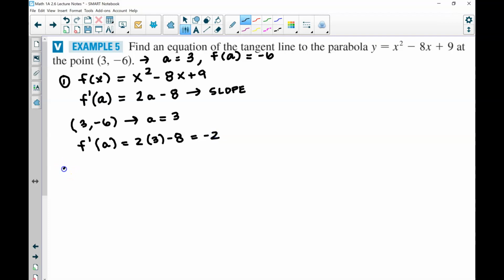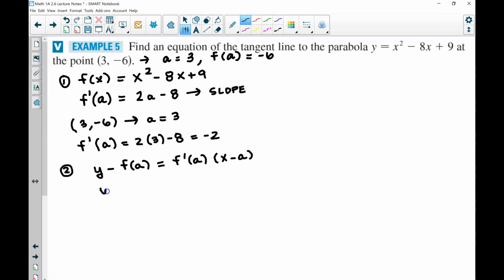So now let's use that point slope form from the previous slide. And that point slope form was y minus f of a, which is equal to f prime of a times x minus a.